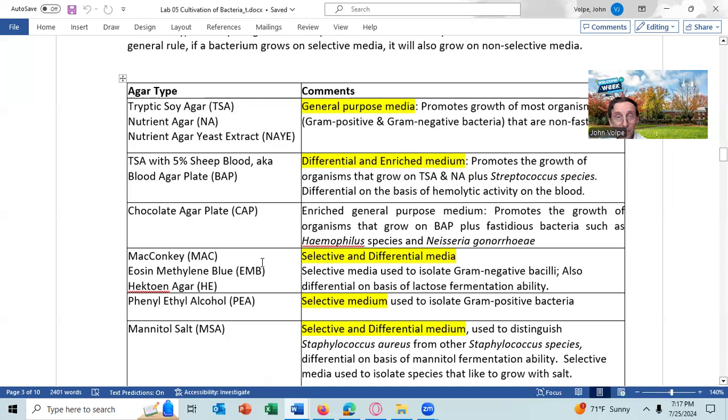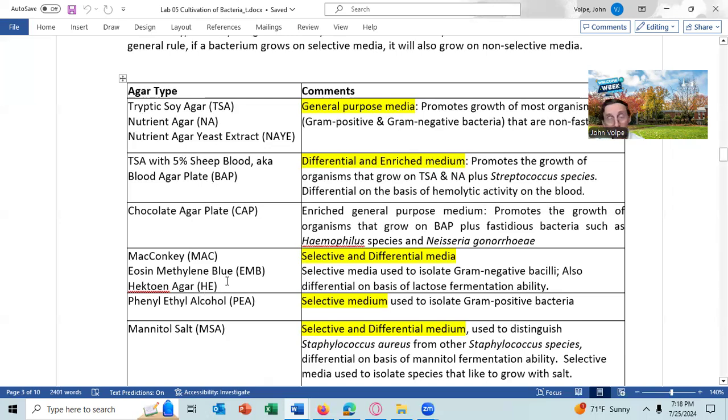We also have some selective and differential media. They are both selective and differential, and that would be MacConkey's or MAC, eosin methylene blue or EMB, or Hektoen agar, HE agar. All of them are selective, so if you get growth on these plates, it's most likely to be gram-negative because the gram-positive cells are selected against.